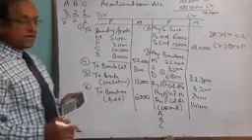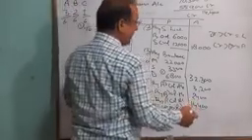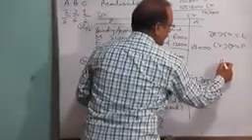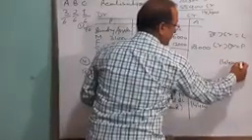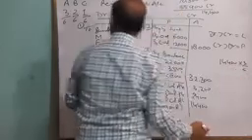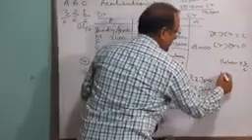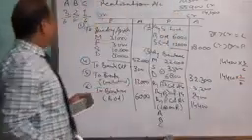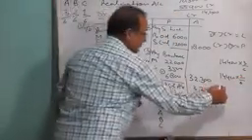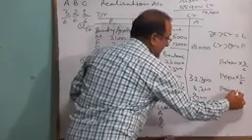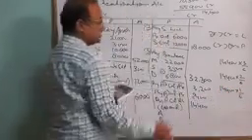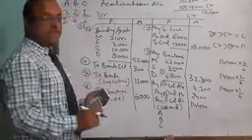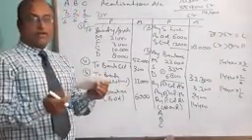Dear student, it is very easy to find out. What was the ratio of A? It was 3/6. So A will have 14,400 multiplied by 3/6. B will have 14,400 multiplied by 2/6. And C will have 14,400 multiplied by 1/6. So this will give you your answer. And finally, all these balances we will transfer into partners' capital accounts.